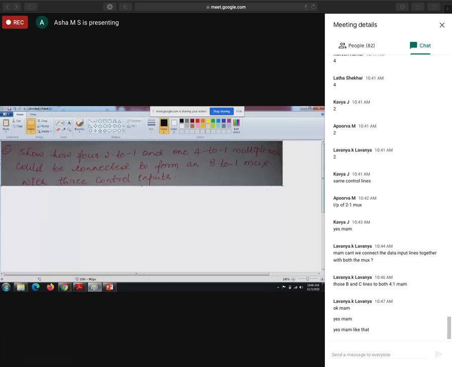The question: show how 4 2 to 1 and 1 4 to 1 multiplexers could be connected to form an 8 to 1 mux with three control inputs. Write down fast.